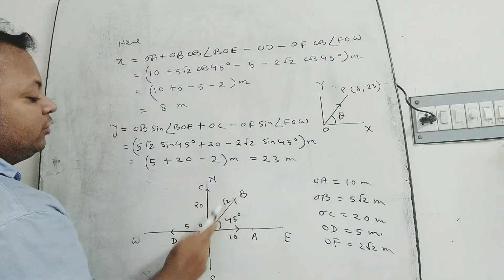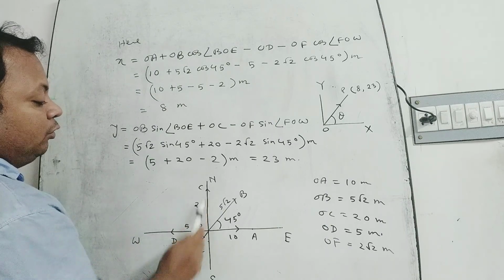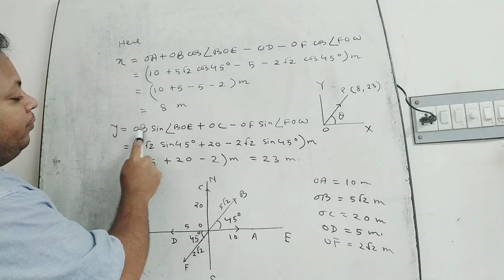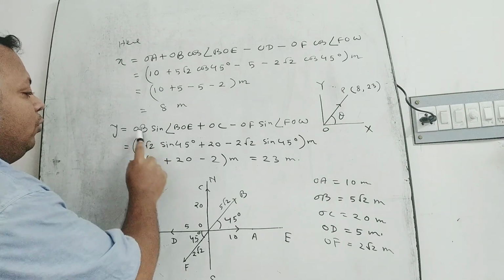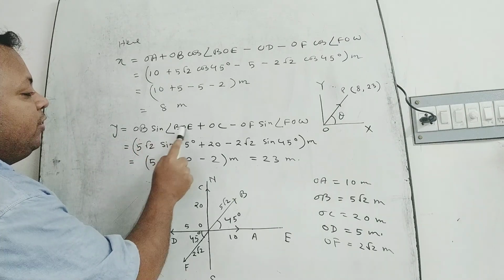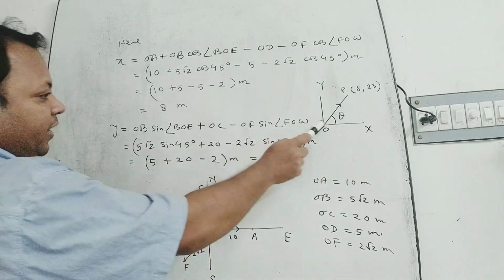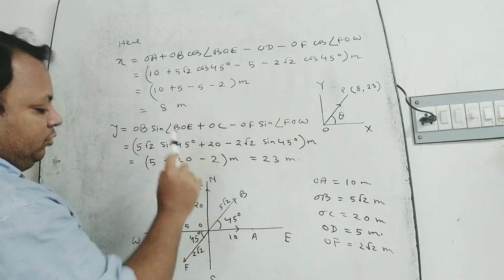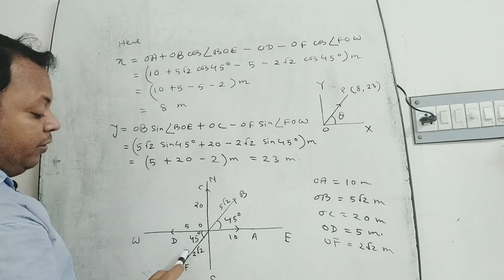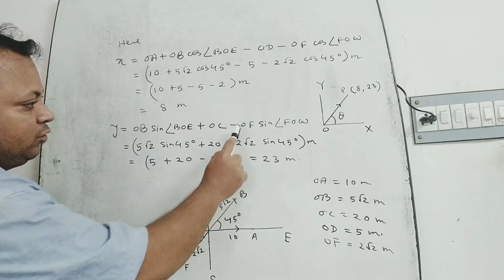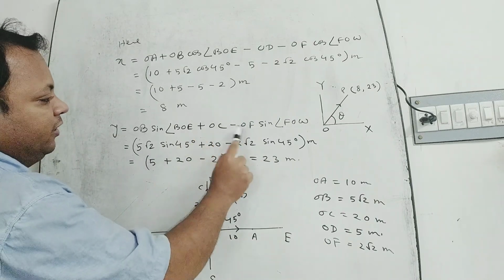Here OB is also along positive direction of y axis. That's why we consider positive sign. OB sine angle BOE plus OC along positive y axis. That's why plus OC. And OF has the component along negative y axis. That's why we consider minus sign.